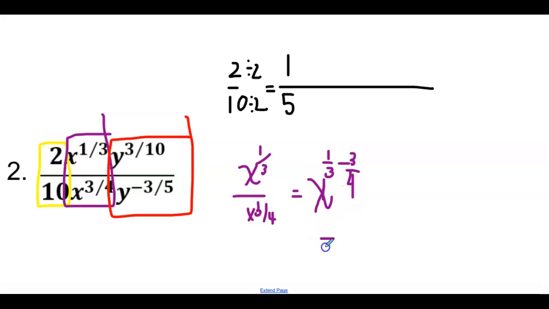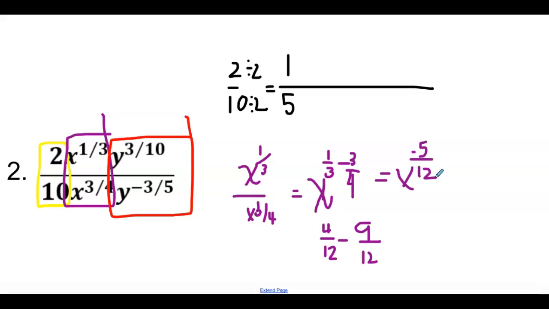So to write those both in terms of 12, this would be a 4 here, and then subtract. So I'm going to make this a 12, which would make this be just 9, and when we subtract, we would get x to the negative 5/12.